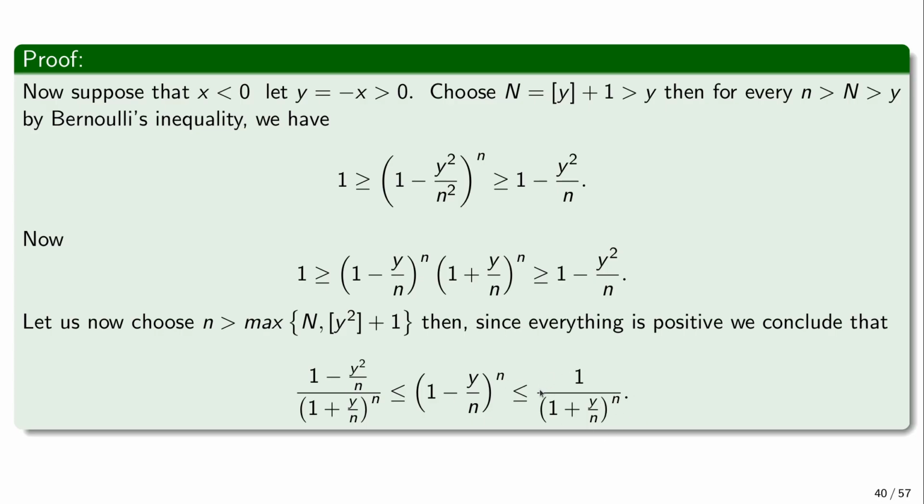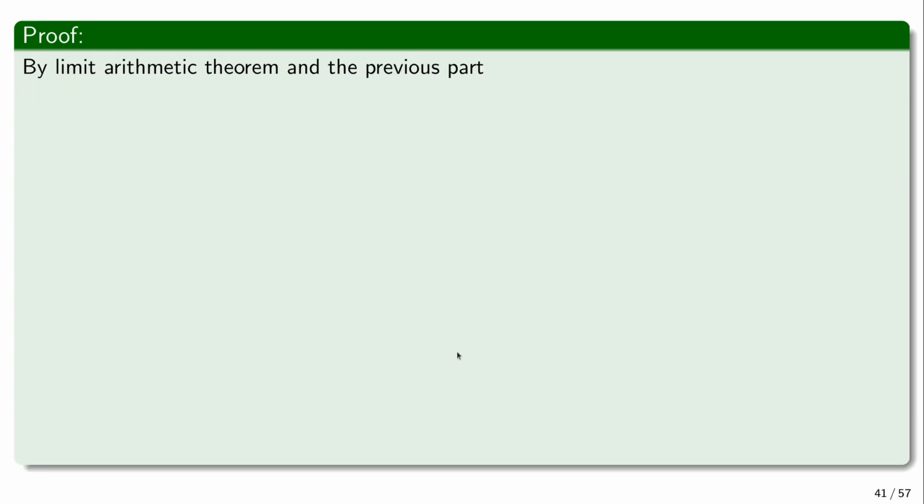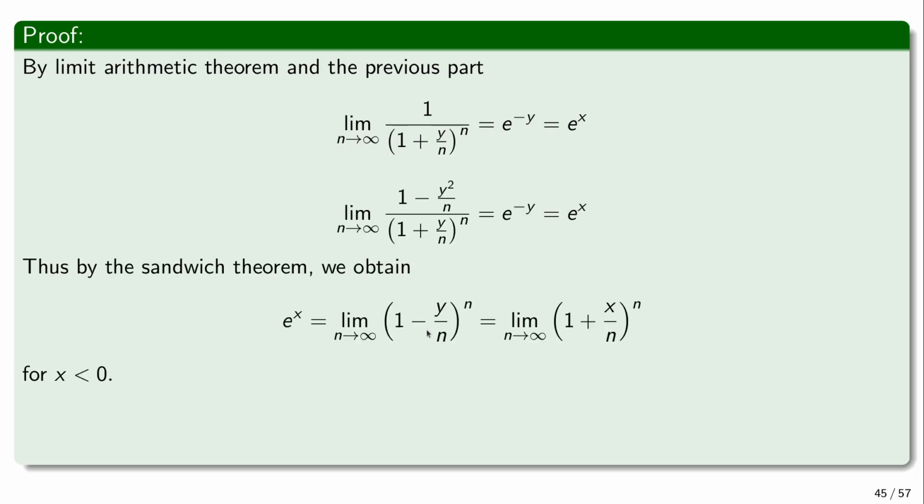So this limit converges to e to the power of x, and this converges to e to the power of x, where x is negative y. Therefore, what we obtain is that this limit actually equals this limit because y is minus x, and it equals e to the power of x for x negative. Therefore, we have proved that this limit equals e to the power of x for every real x.